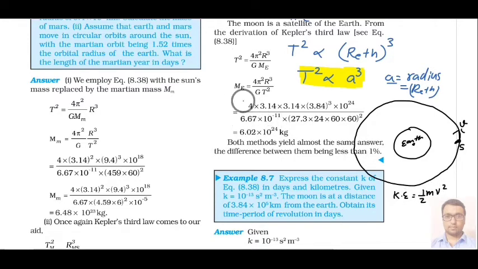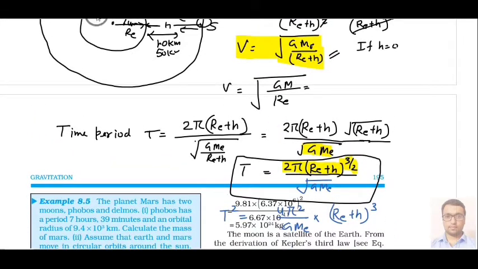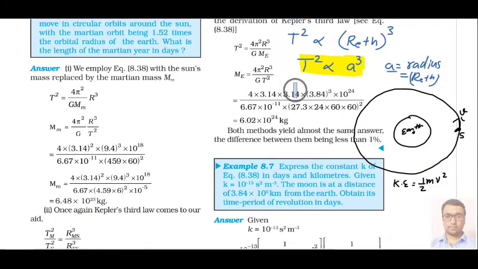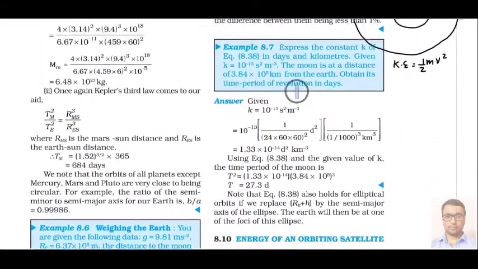Velocity we have calculated, that value was under root GMe upon Re. Here it is highlighted that the velocity of the revolving satellite is under root GMe upon Re, or in a more specific way you can use under root GMe upon (Re + h). This will be the more accurate form.